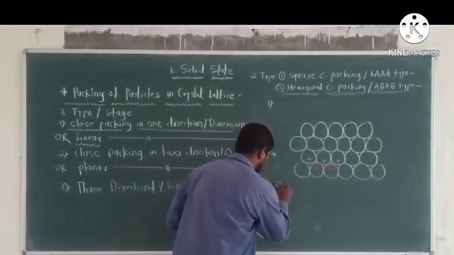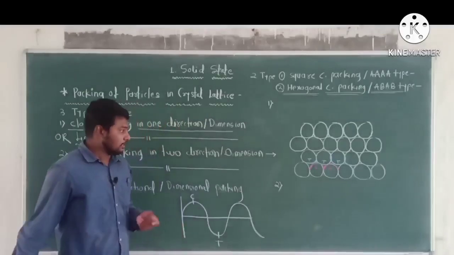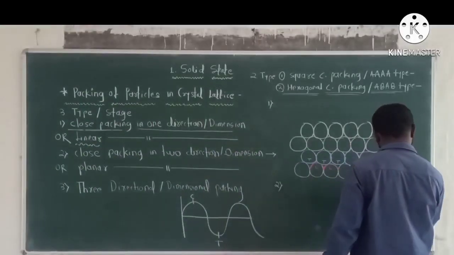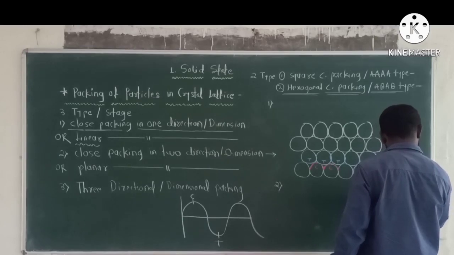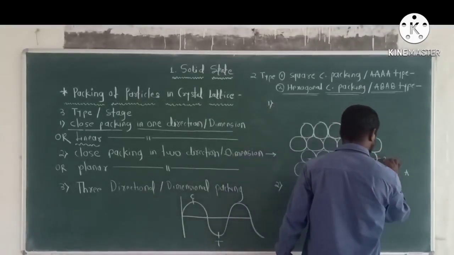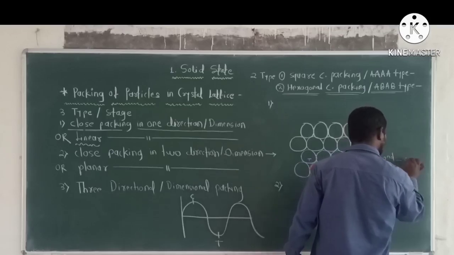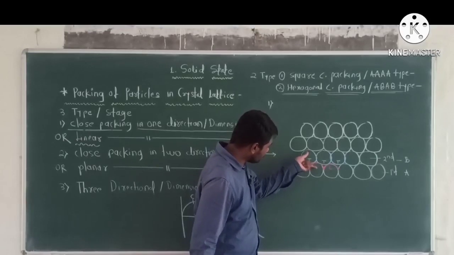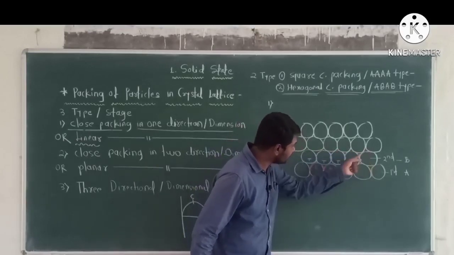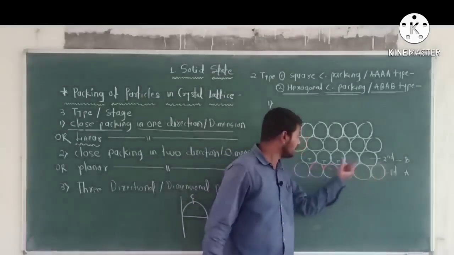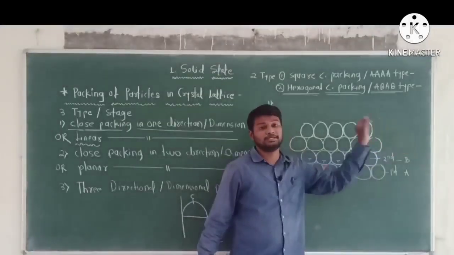Second point, in this packing the first row is called A type, second row is called B type, because the location of constituent particles of these two rows is different. Therefore this row is called A type and this row is called B type.